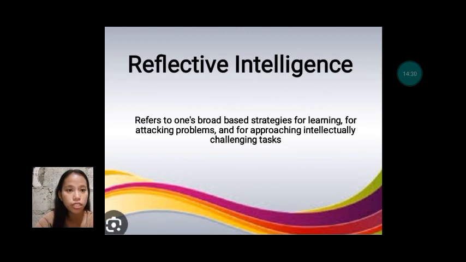The next one is reflective intelligence. It refers to one's broad-based strategies for learning, for attacking problems, and for approaching intellectually challenging tasks. Reflective intelligence refers to a person's ability to use and manipulate their mental skills.